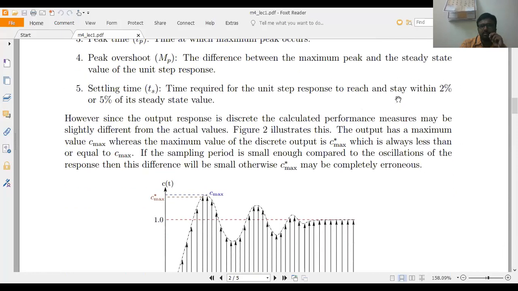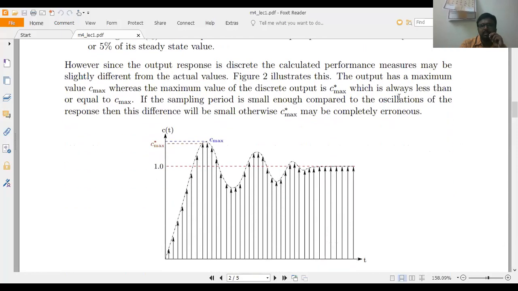If the sampling period is small, then the C max conjugate will also be very small, and hence the error is negligible.